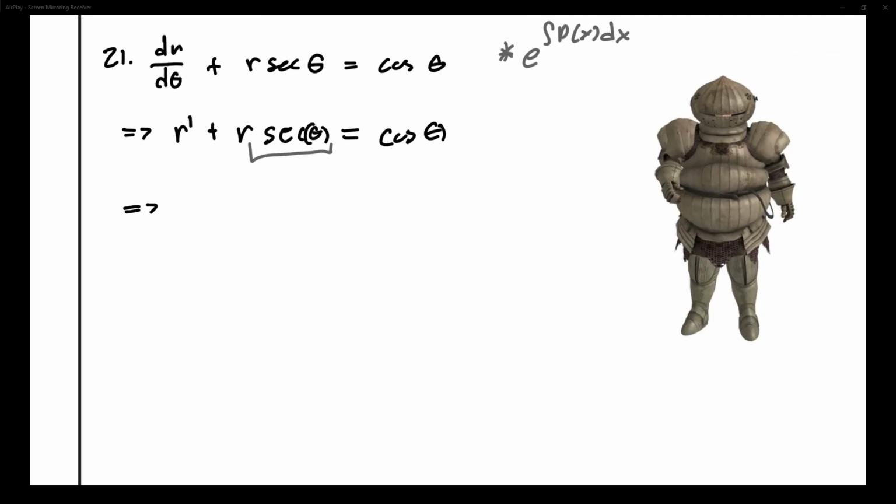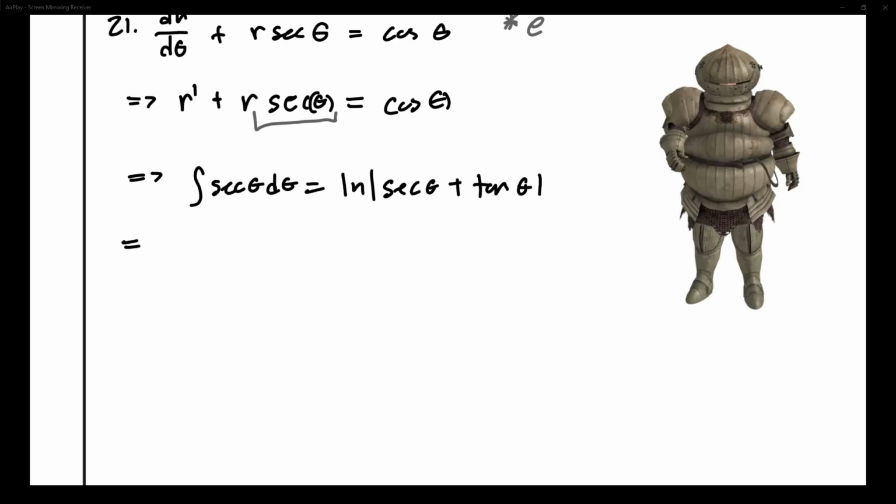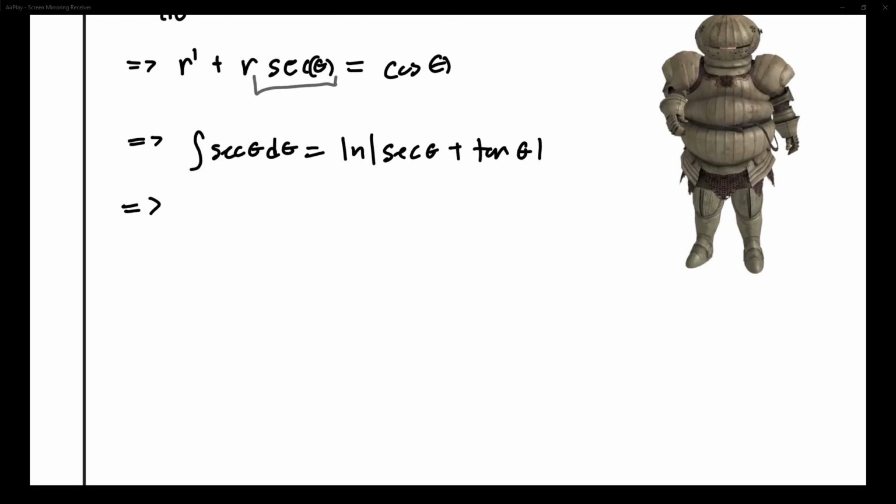Okay, so let's go about it and see what happens. We're going to have the integrating factor e to the, well, let me start with the integral. The integral of secant theta d theta is going to be ln of secant theta plus tangent theta. You kind of just got to know that, but you can prove it if you're not a believer.